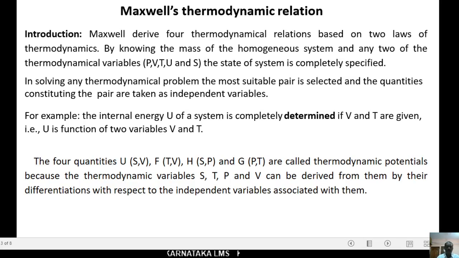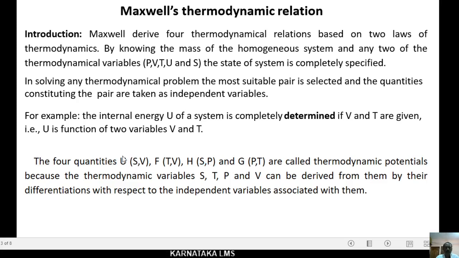The four quantities: U of S,V, F of T,V, H of S,P and G of P,T.